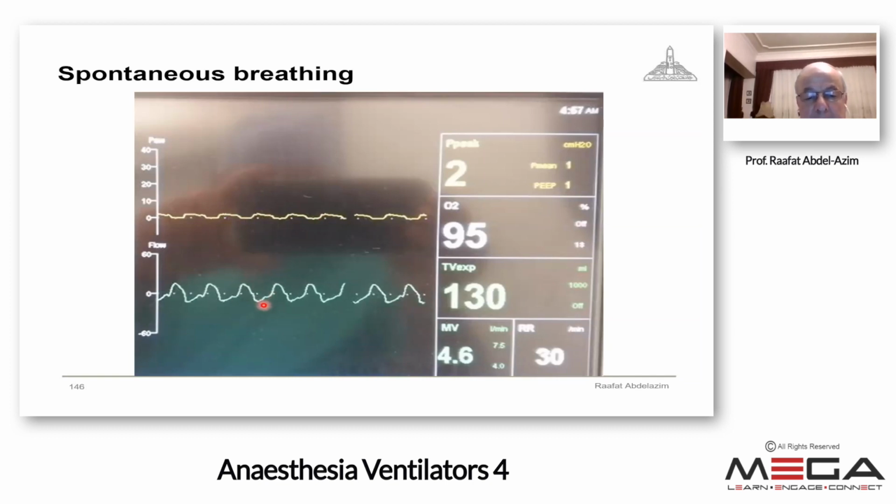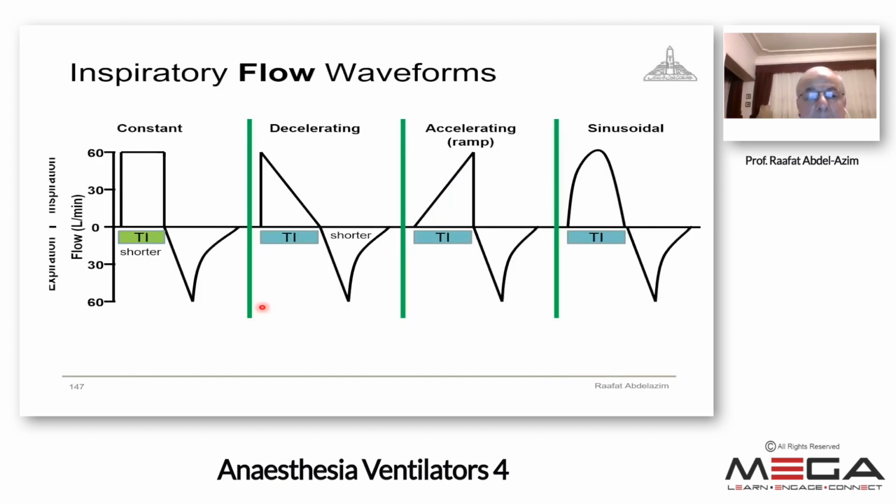This is the flow that I will describe later. The flow waveforms are either one of four forms: constant, descending, accelerating, or sinusoidal. What we should know in detail is a constant flow and decelerating flow.